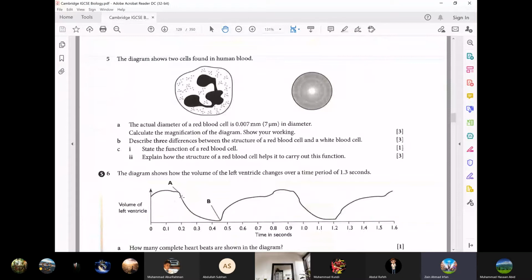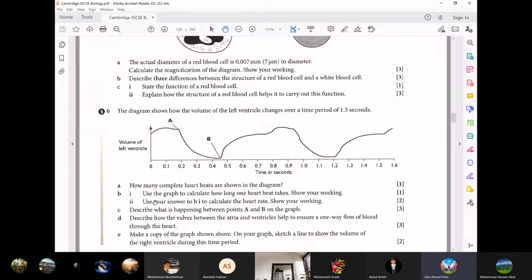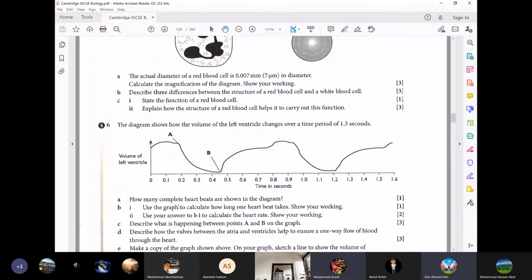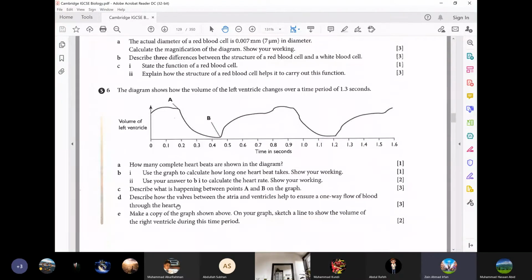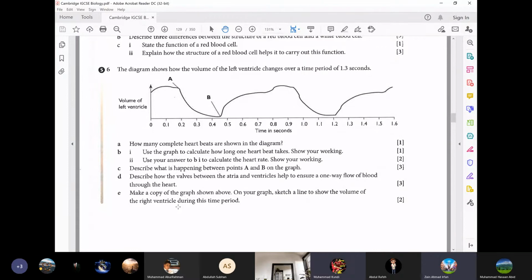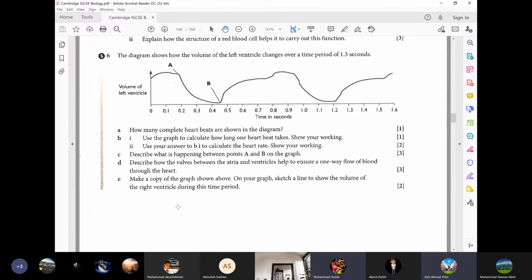We have to start question 6. We have done till 5, so we have to do question 6. All right. Okay, let's start with question number 6.